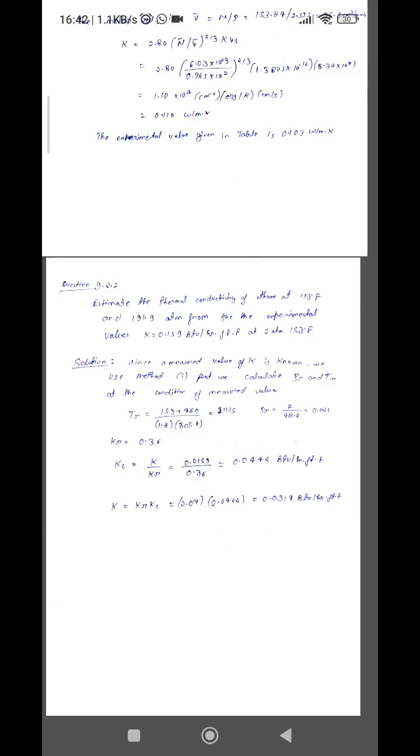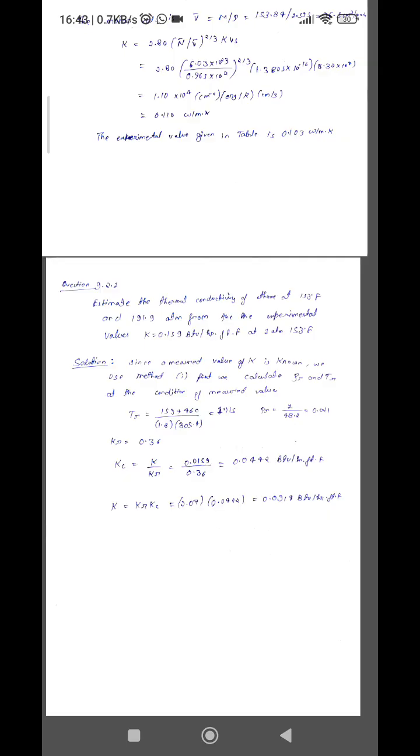So this solution is also easy. Since the measured value of K is known, we use the method to calculate Tr and Pr at the measured condition. Tr is coming to be 1.115 and Pr is coming out to be 0.021. So Kr we got from here is 0.36.